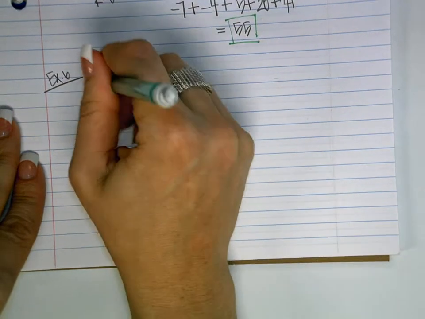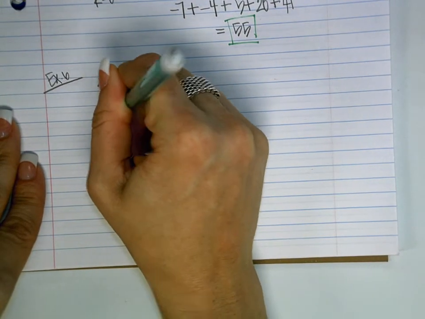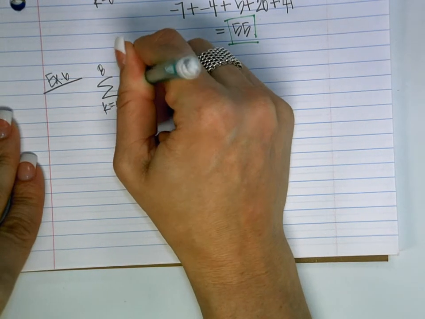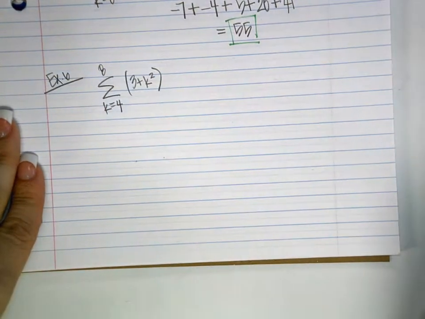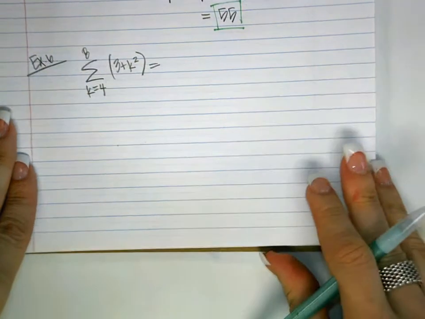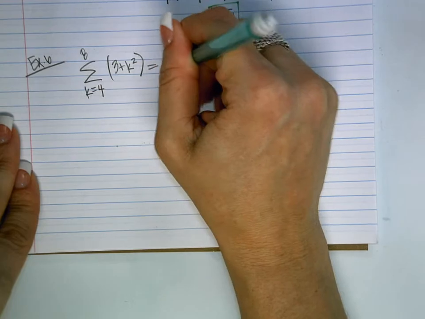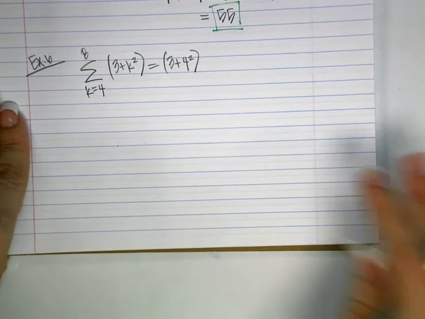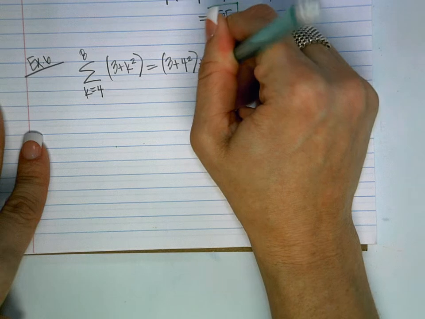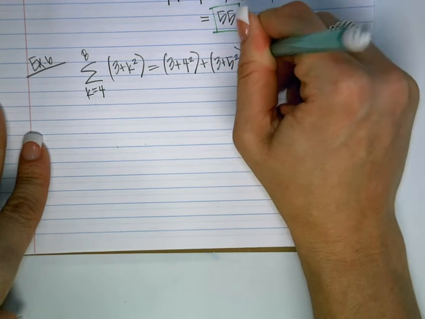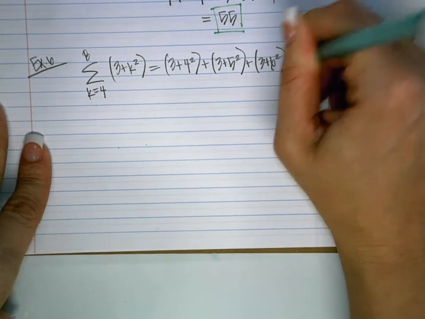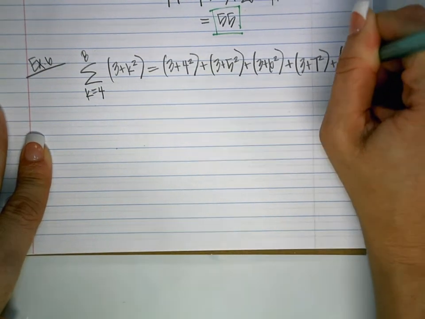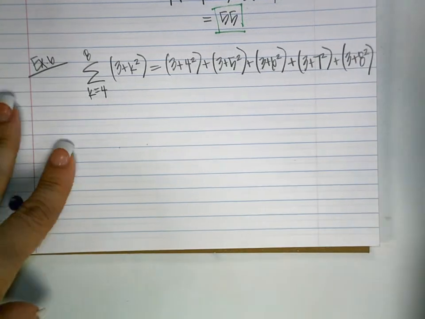Last one. Sum between k equals 4 and 8 of 3 plus k squared. So here, what's the first number that I'm going to plug in? 4 squared, exactly. So you start at 4, go all the way up through 8. So 3 plus 4 squared, plus 3 plus 5 squared, plus 3 plus 6 squared, plus 3 plus 7 squared, plus 3 plus 8 squared.